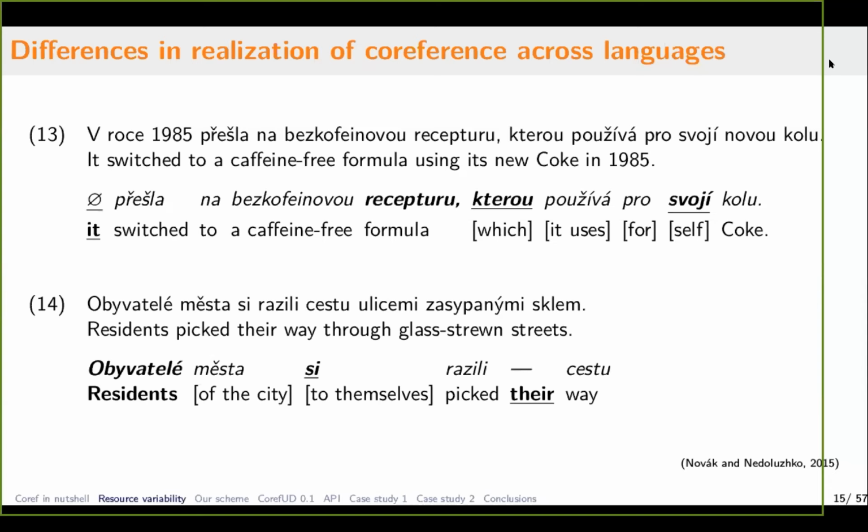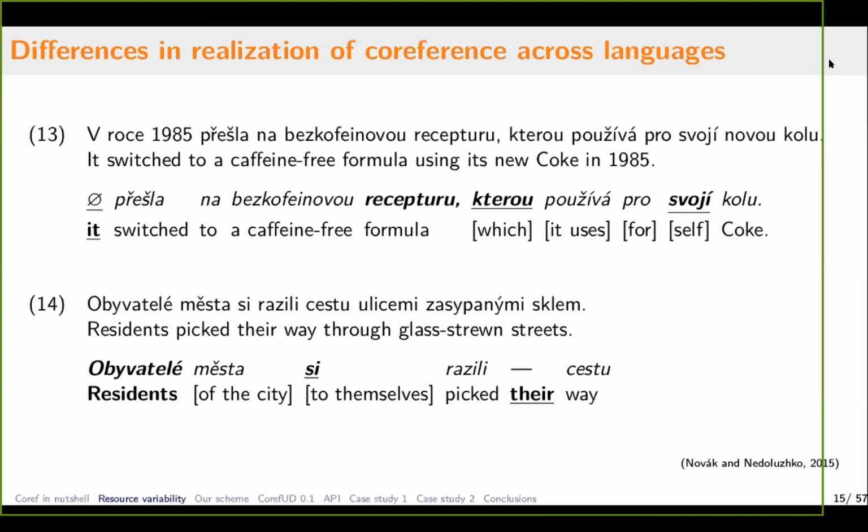In the Czech example here, a relative clause with a relative pronoun is used, while the English example uses the present participle to express the same.